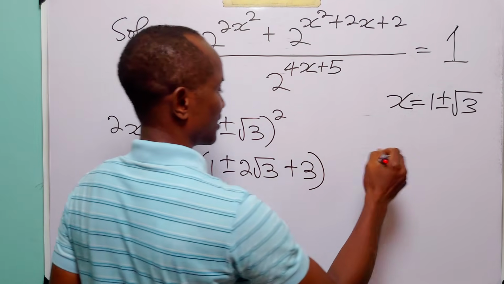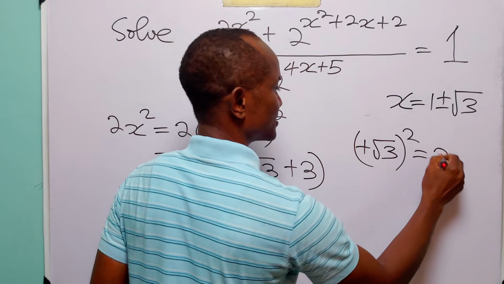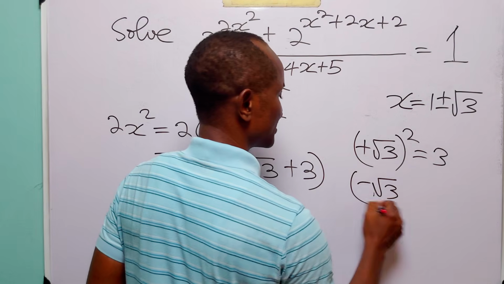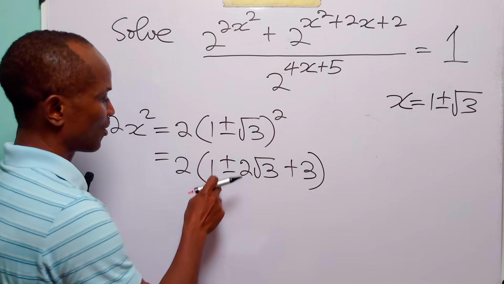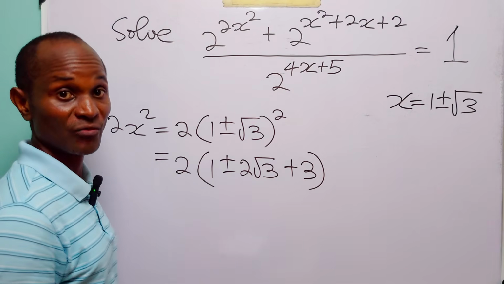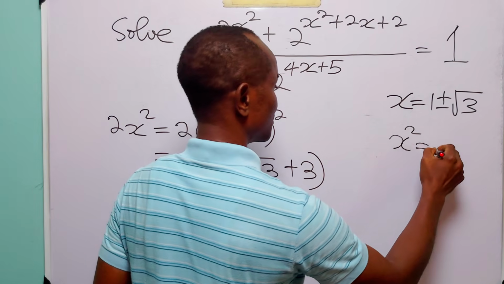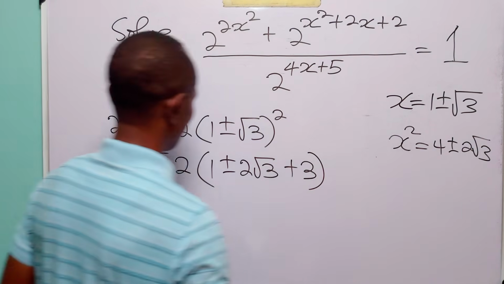Because of course you know that plus root 3 squared is equal to 3, and minus root 3 squared is also equal to 3. 1 plus 3 is equal to 4. So we have that x squared is equal to 4 plus or minus 2 root 3.